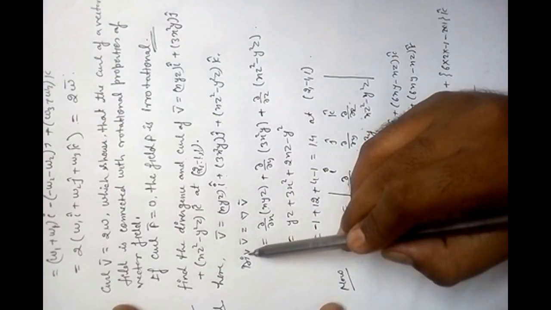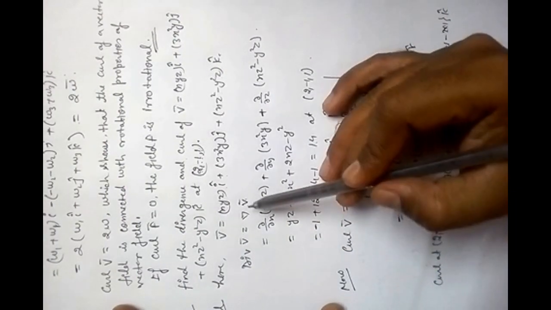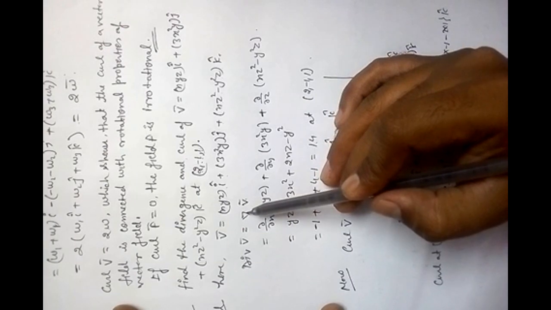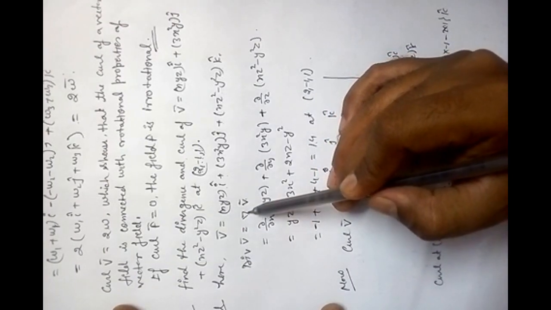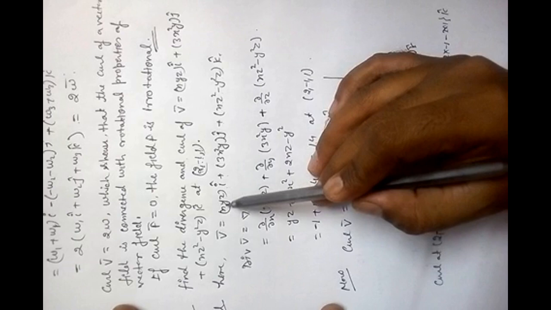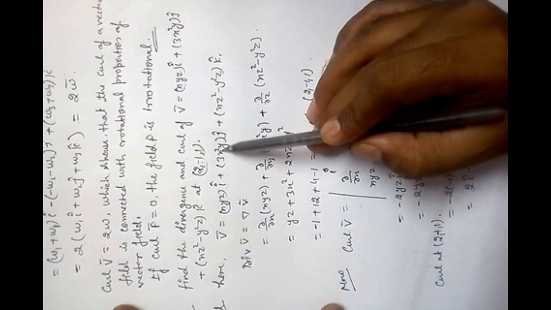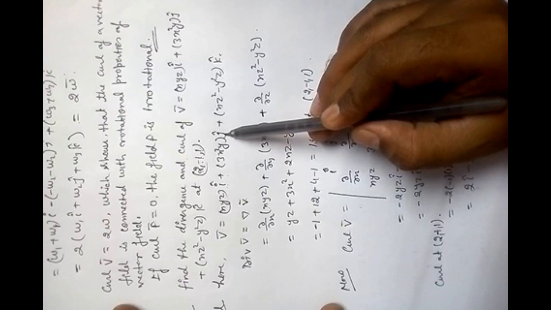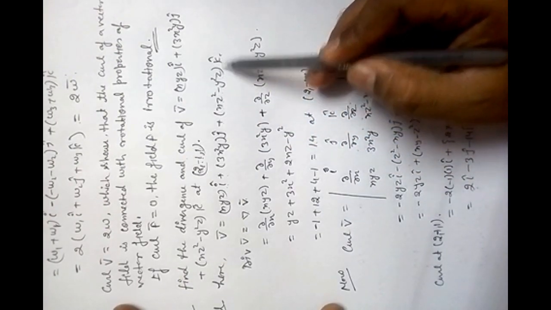For divergence we have this formula: del dot v is i del by del x plus j del by del y plus k del by del z, dot the vector v, which is xyz of i, 3x square y of j, plus xz square minus y square z of k.